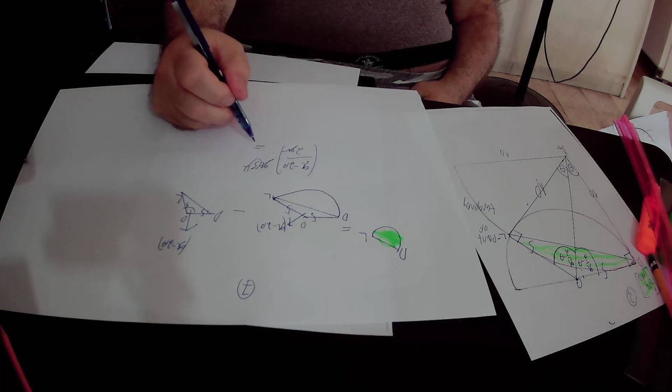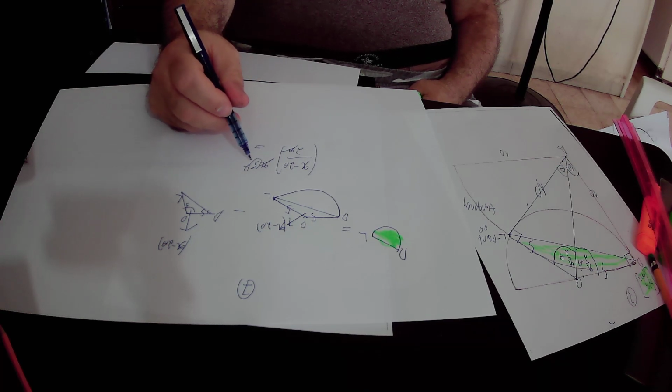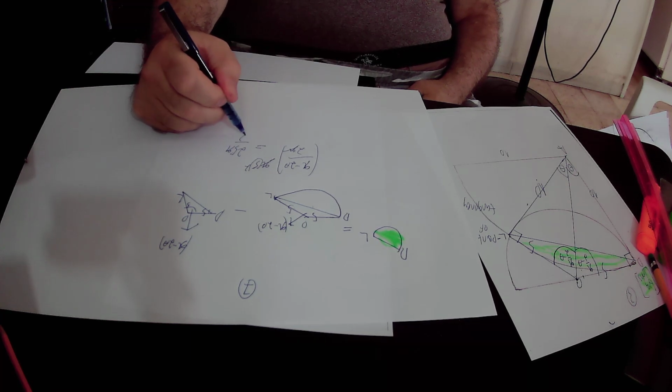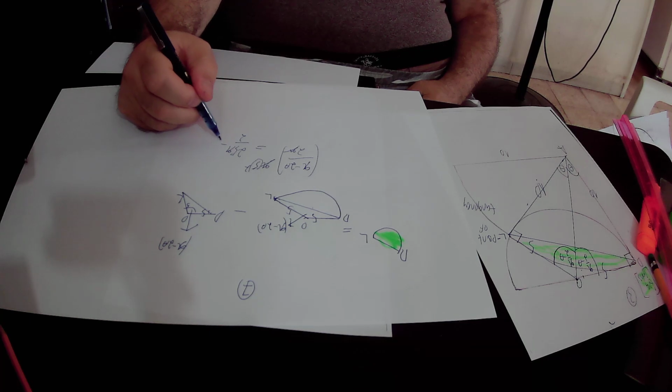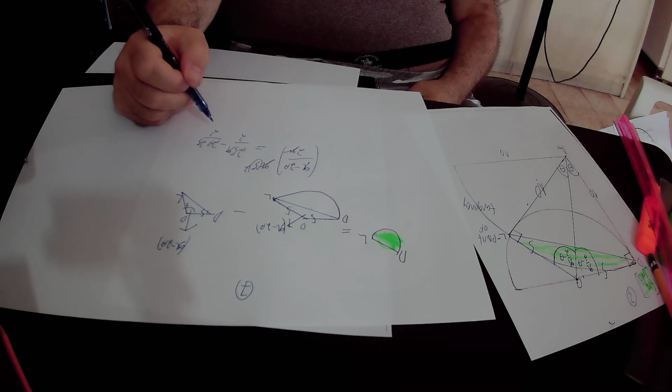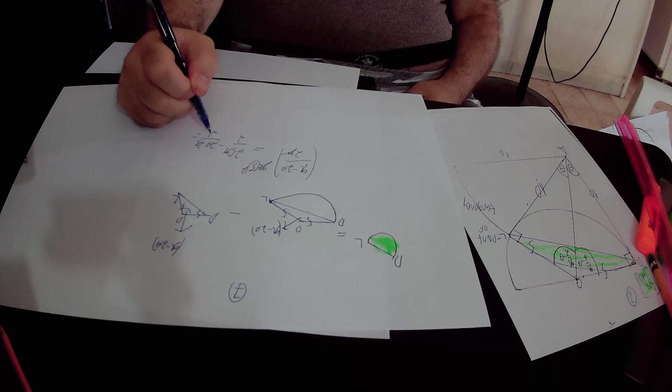Here we will open the bracket. 5 square is 25, so it is 25 over 2 times pi minus 2 theta. So we have 2 in the numerator and 2 in the denominator, so 2 will get cancelled.